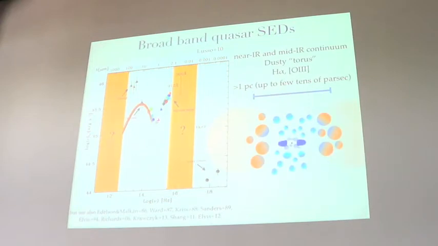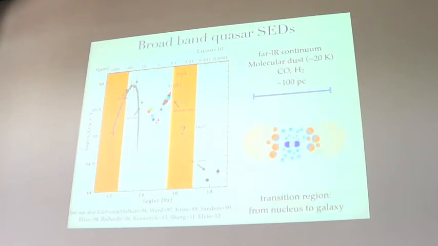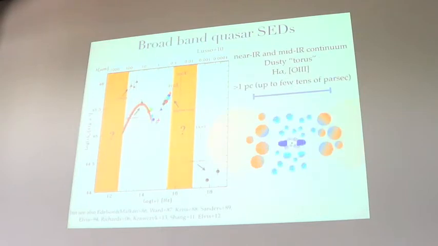So, moving outwards, you have more clouds. Now we have dust, and the optical UV emission that is coming from the accretion disk is reprocessed by the dust in the mid-infrared and near-infrared wavelengths. The scales here are around a few tens of parsecs.